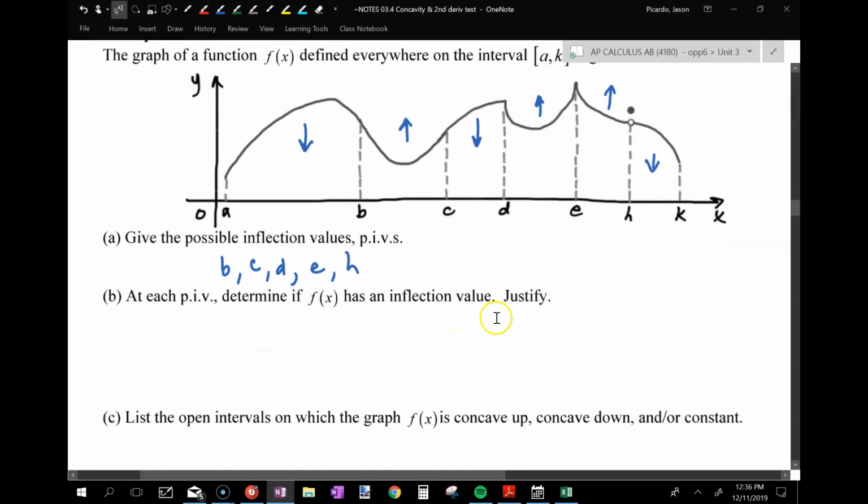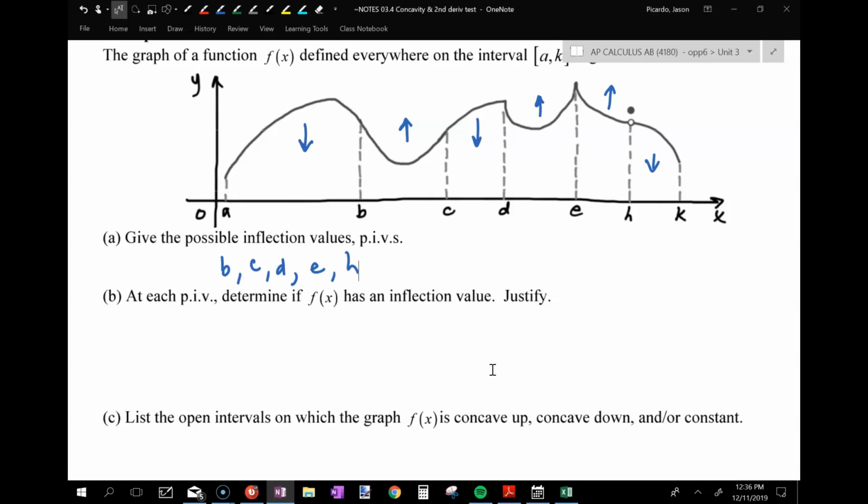Now let's actually use the definition of an inflection point. An inflection point occurs when the concavity changes and the point exists on the curve.